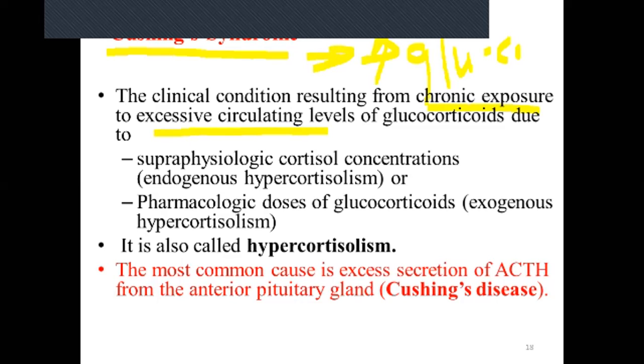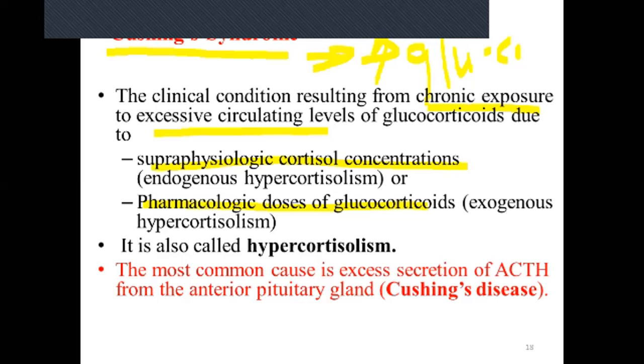What causes it mainly? It could be due to either supraphysiologic cortisol production, that is endogenous hypercortisolism, or due to exogenous pharmacological replacement. So those are the two most common causes of Cushing syndrome.